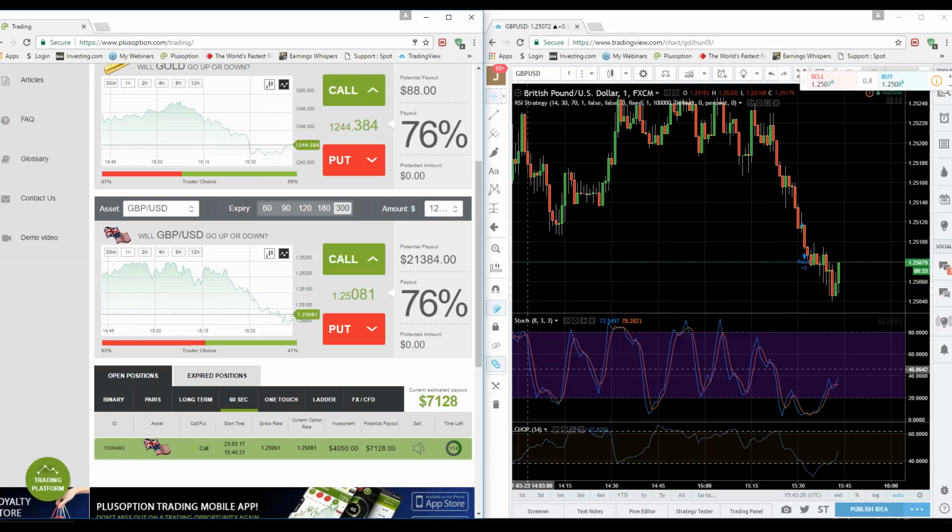Another 2 minutes to go, and we are looking pretty okay, as long as we can hold on to at least some of these gains. We did come in right about here. So let's watch for the next minute and a half to see how this plays out.